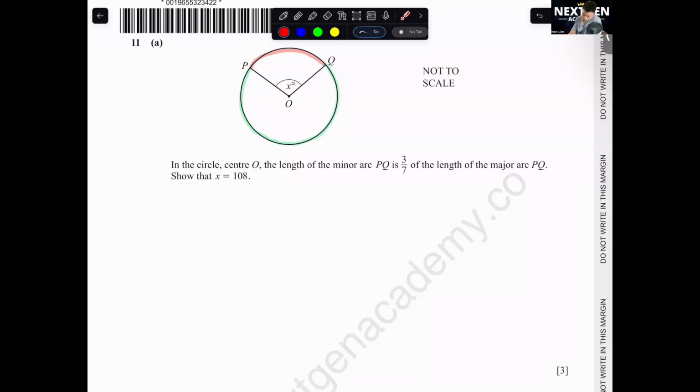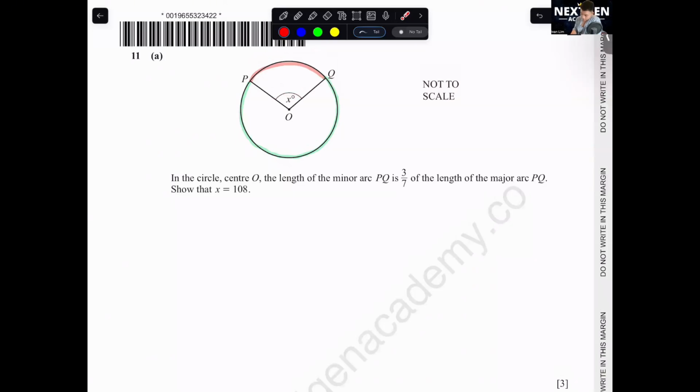They say the minor arc is 3 over 7. So this part here is 3 parts, this part here is 7 parts. Can I say this is 3 and 7? We can use a ratio to do this question. x equals 3 parts.